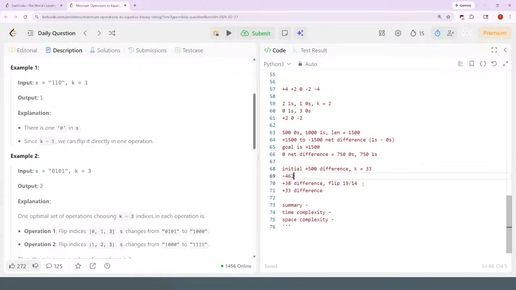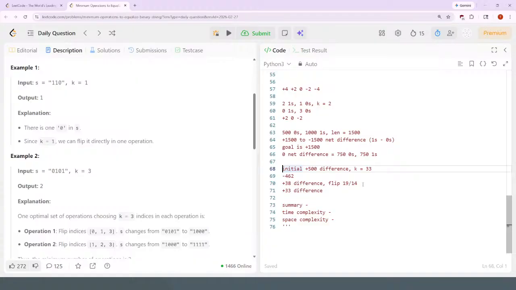So 500 zeros down to 14 operations of flipping all 33 zeros. I'm down to 38 zeros. I flipped 19 zeros and 14 ones. 19 zeros, 14 ones means I lose 5 zeros. So then I'm down to 33 difference, and then I flip one more.